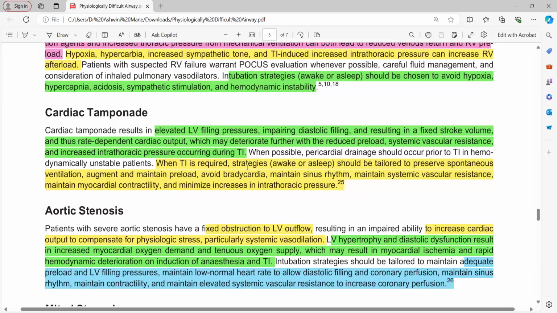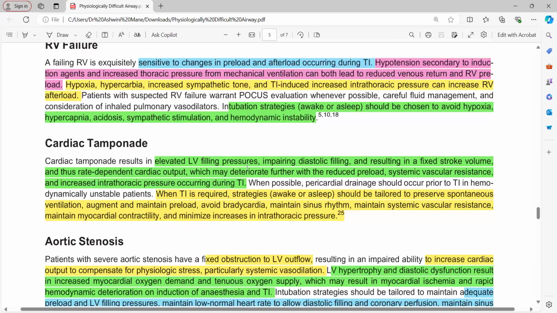Now, the next condition where intubation can be difficult is cardiac tamponade. Cardiac tamponade results in elevated LV filling pressure and impaired diastolic filling, resulting in a fixed stroke volume, thus rate-dependent cardiac output, which may deteriorate further with reduced preload, systemic vascular resistance, and increased intrathoracic pressure, which occur during tracheal intubation.